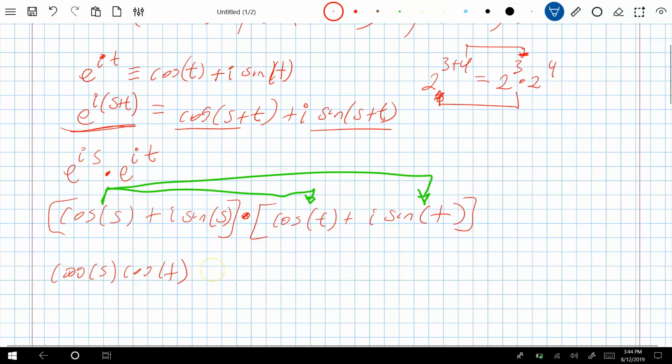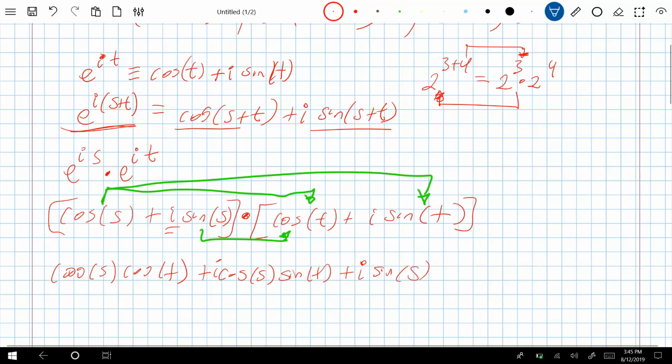So I'm going to have plus cosine of s, and now let's be careful. It's going to be an I, so I'm going to put the I out here, and then sine of t. And I continue with my FOIL process. So I'm going to get that next. So that's going to give me the following. Plus I again. So the I is coming from here.